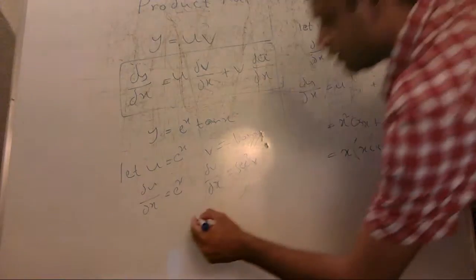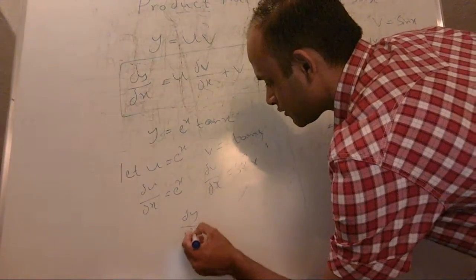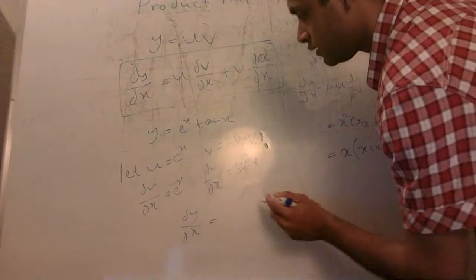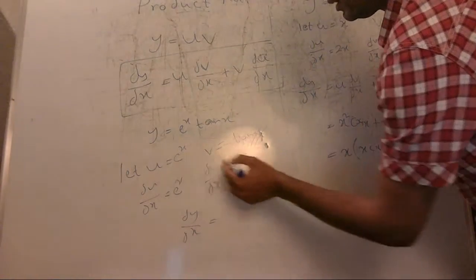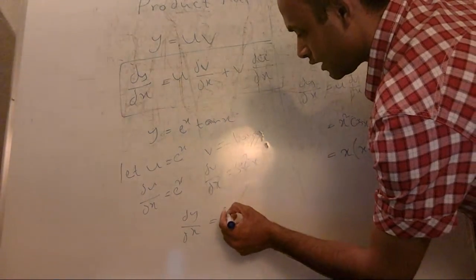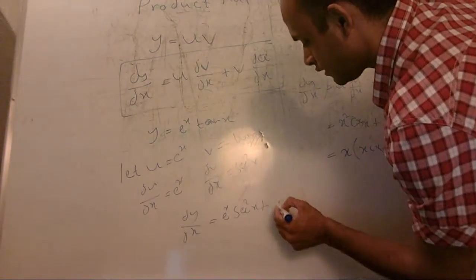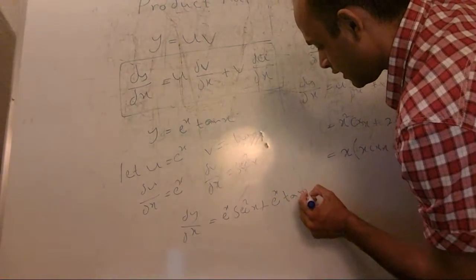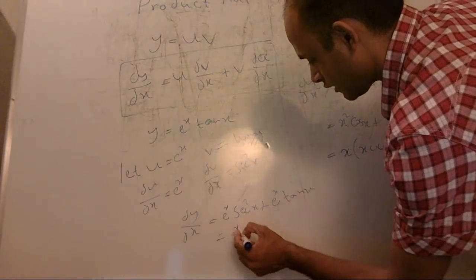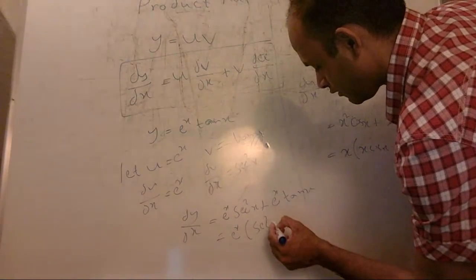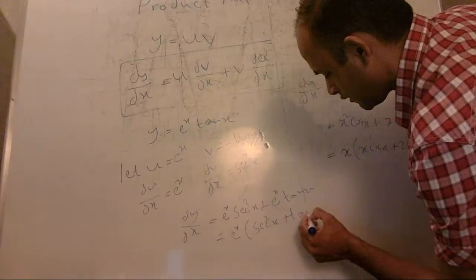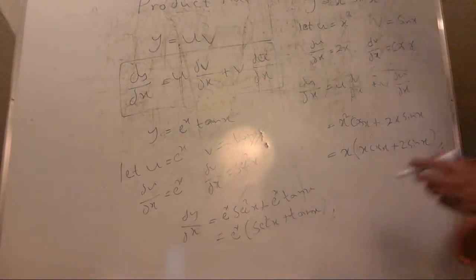Okay, so the derivative dy/dx equals u dv/dx, which is e to the x sec squared x, plus v du/dx, so that's e to the x tan x, which is the same as e to the x (sec squared x plus tan x), and that's the answer.